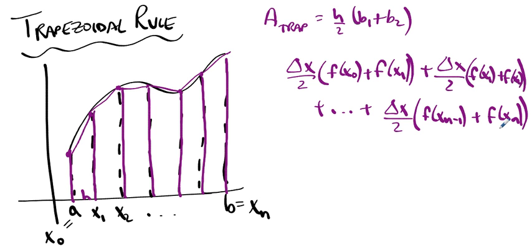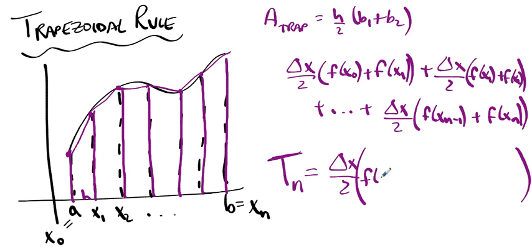And then you think to yourself, every one of these is going to have a delta x over 2 if we keep the delta x's all the same. If we don't keep the delta x's all the same, then we have to figure out each of these individually. But if the delta x's are all the same, then we say that the trapezoidal approximation with n subintervals is delta x over 2 times, and then what do you got?